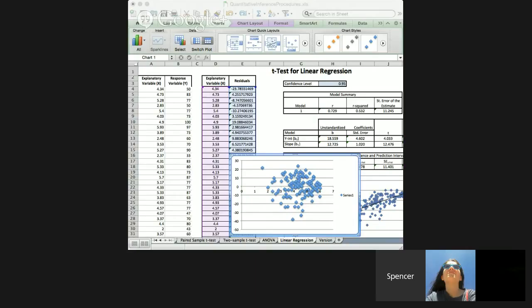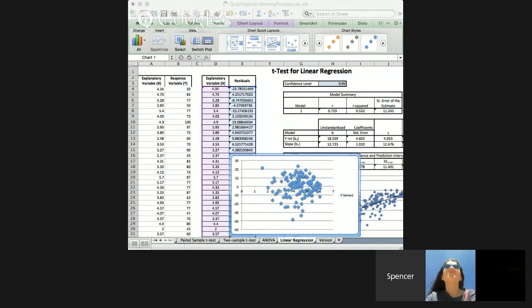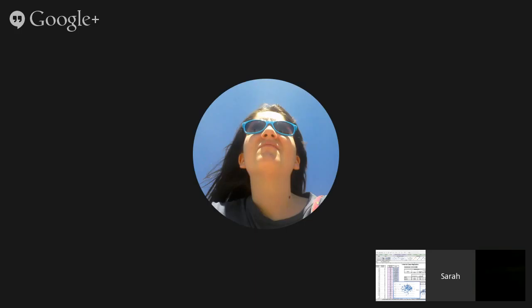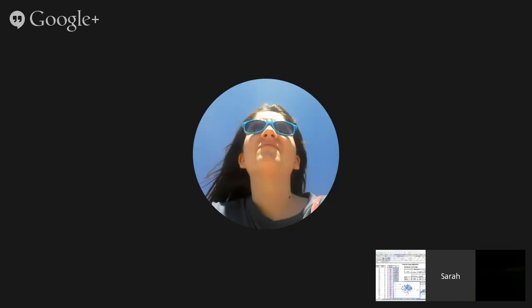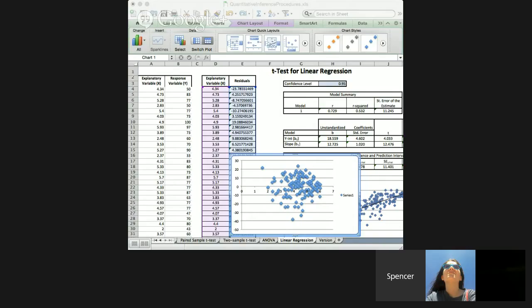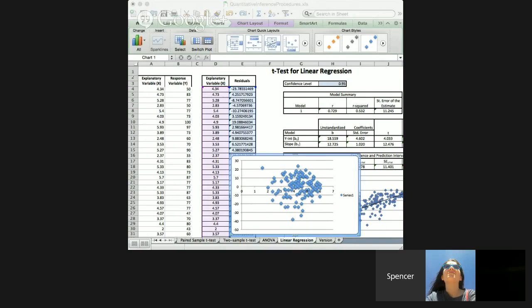And then for D, X's should be measured accurately and precisely. So I just did the first two and the last two. You checked the first two and the last two? Right. What about C? C is the variance of the error term is constant. Wait, hold on. Which one is the requirement? Normal error term. What is that?